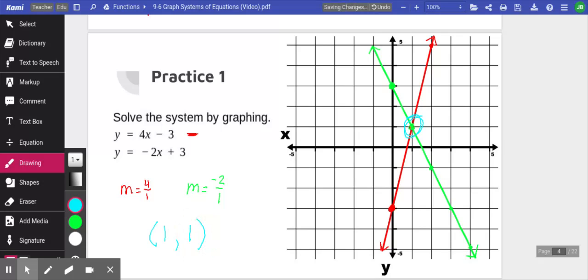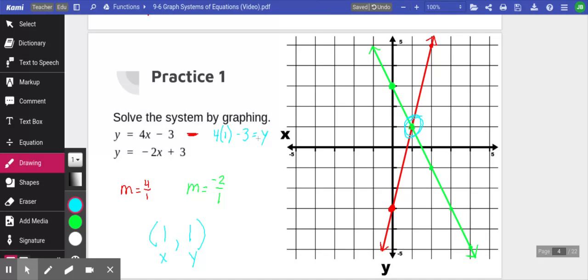Now, what does that mean? Well, it means that's where they intersect. We can see that visually. But at the same time, we could also plug it in. Remember that this is an x value and this is a y value. If I plug a 1 into this first equation, we would have 4 times 1 and then minus 3. And we would expect it to equal y, which would be 1. So 4 times 1 is 4. 4 minus 3 is 1.